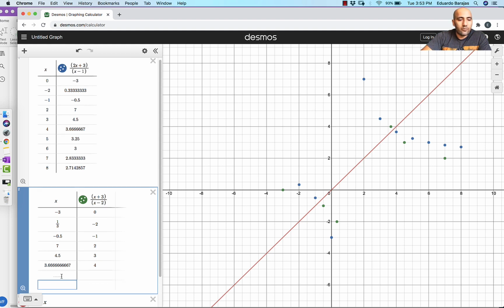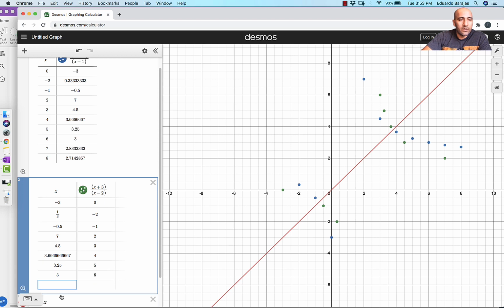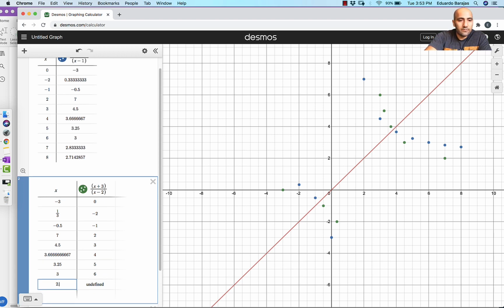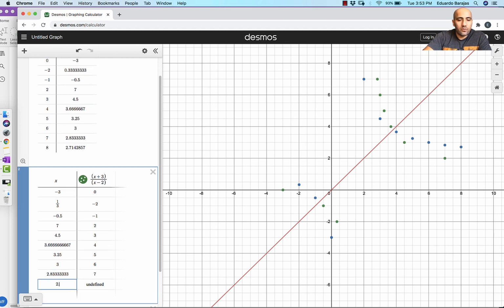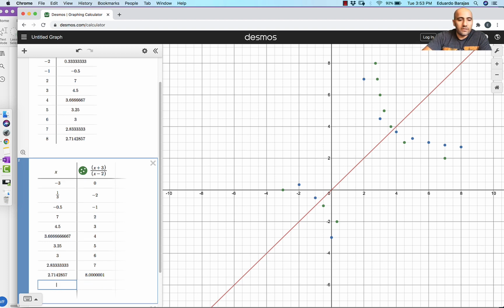And I know that 3.25 is going to lead to 5. And I know that 3 is going to lead to 6. I know that 2.833 leads to 7. And I know that 2.7142857-ish leads to about 8.